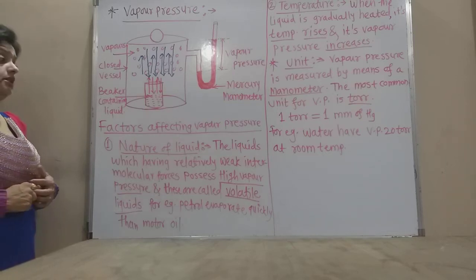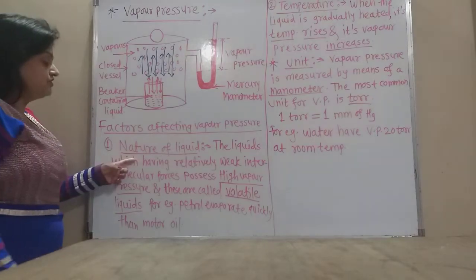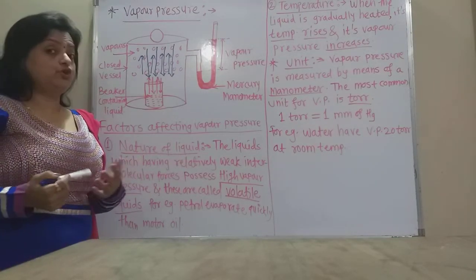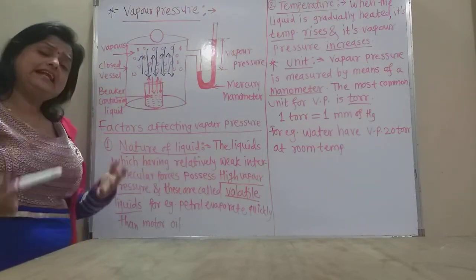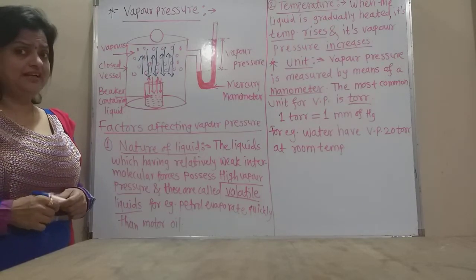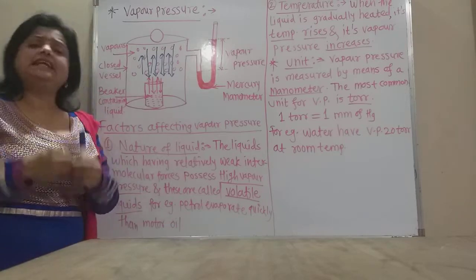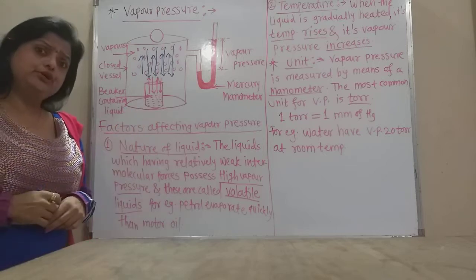Now let us learn the factors affecting the vapor pressure. First, the nature of the liquid. If the liquid has relatively weak intermolecular forces of attraction, then it can easily evaporate because its molecules have very weak intermolecular forces, so they go easily into the vapor state.